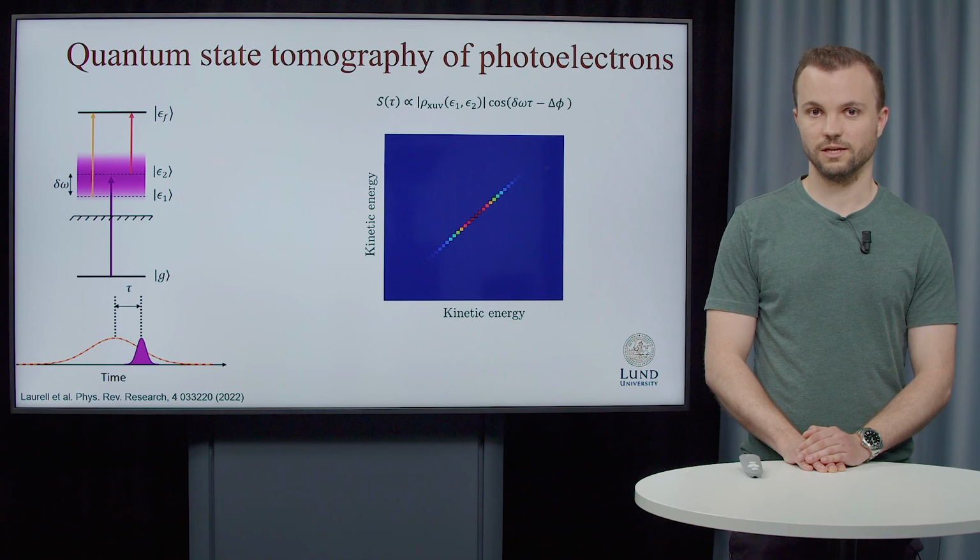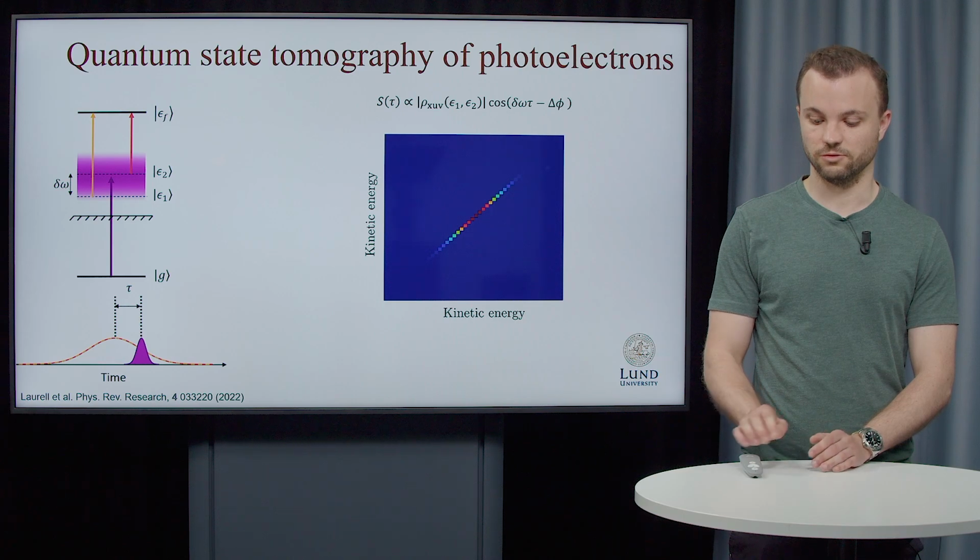When we change the delay between the XUV and the infrared pulse, this will lead to oscillations in the photoelectron yield in the final state, such that the amplitude of the oscillations is proportional to the modulus of the coherence element between epsilon 1 and epsilon 2, while the phase is equal to the phase of the coherence of that density matrix element.